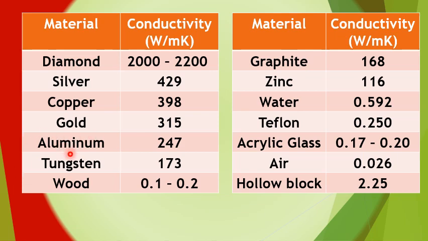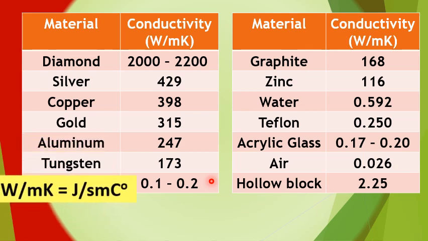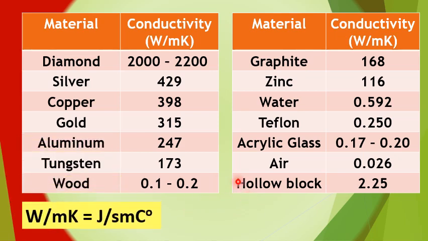Some common materials with their conductivities are given in this table. Take note that the SI unit of thermal conductivity is watts per meter Kelvin, which is just the same as joule per second meter Celsius degree.